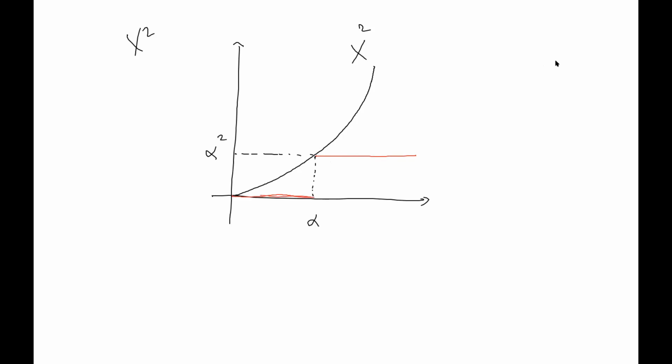And then I have the blue line here. So definitely your x squared is larger than or equal to the blue line, which is x squared times the indicator function of x greater than or equal to alpha. And the blue line in turn is greater than or equal to the red line, which is the indicator function of x greater than or equal to alpha. But here, since this is x squared, this will be alpha squared. Okay? You take expectation on all sides, you will get.